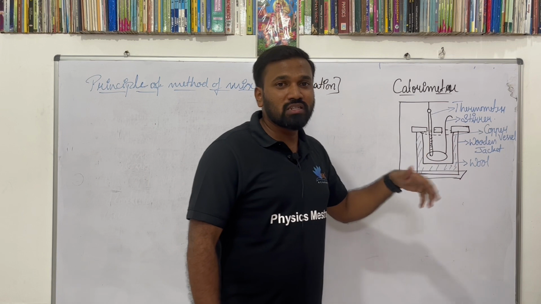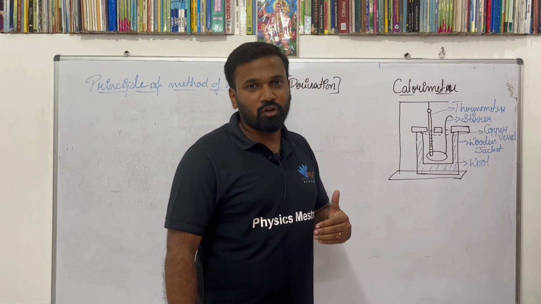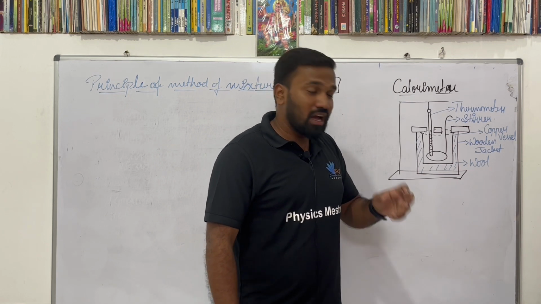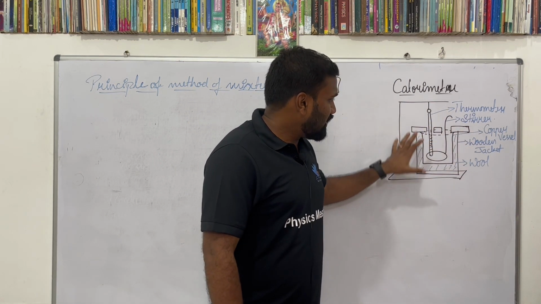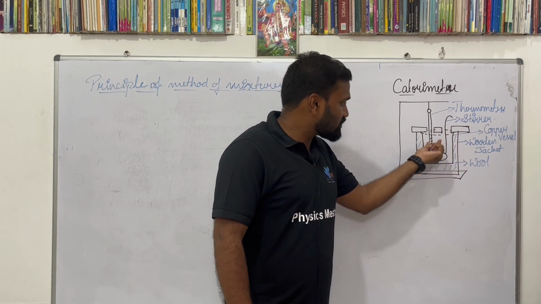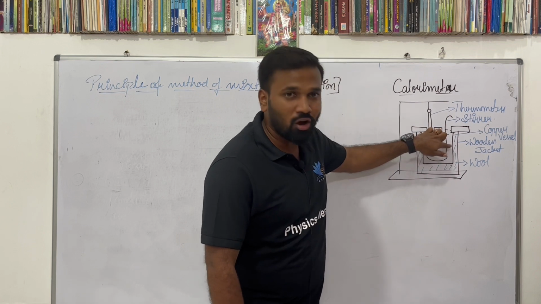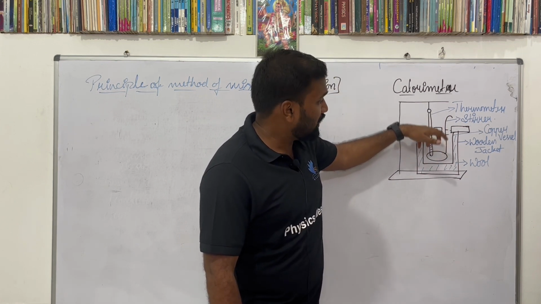Why? Because wool is what? It is a bad conductor of heat. It is a bad heat absorber, hence the wool has been kept here. The complete objective of this device is that whatever substance we pour inside this copper vessel, the temperature and the heat energy should stay within that vessel only.